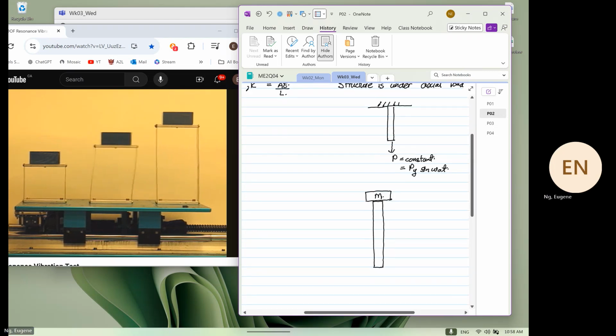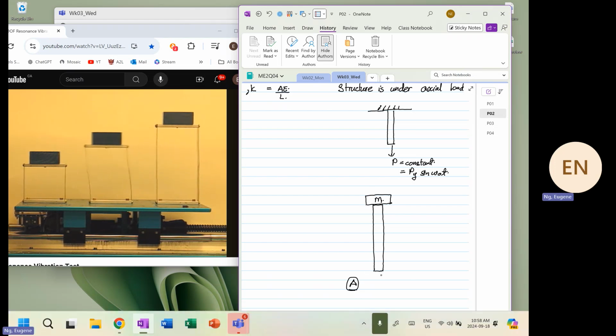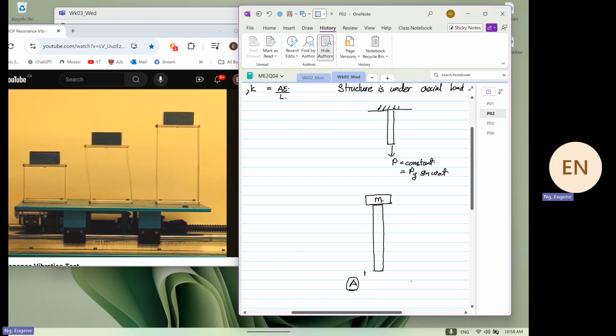No. So what boundary condition should be at point A? Anyone? What condition has to be at point A? Okay, so the condition we have at point A is going to be what?